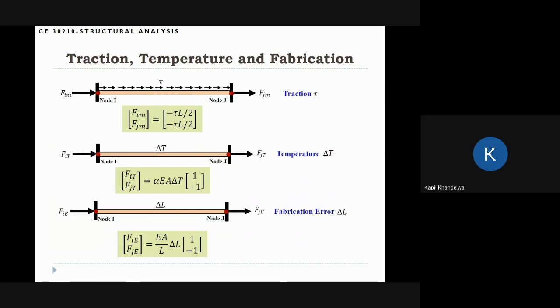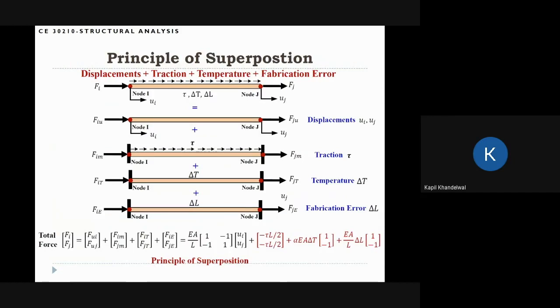And the idea is as follows. So finally, what we do is we use the principle of superposition here. So we said that the total forces, Fi and Fj, are the forces due to displacements, tractions, temperature, fabrication, and all the effects.